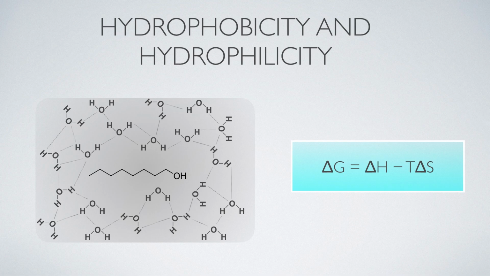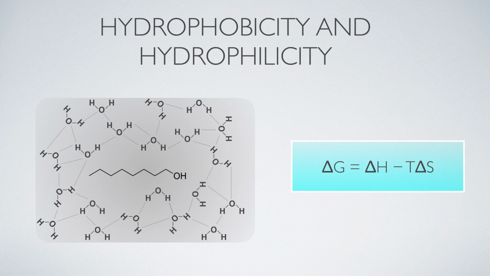Now this affects delta H. The more bonds I form, the more energy that is released as heat. This is my enthalpy of reaction. If I put octanol in and disrupt that hydrogen bonding network, I'm generating fewer bonds and therefore I'm making the contribution from delta H less negative. Consequently, delta G is less likely to be negative and it's less likely to be spontaneous.